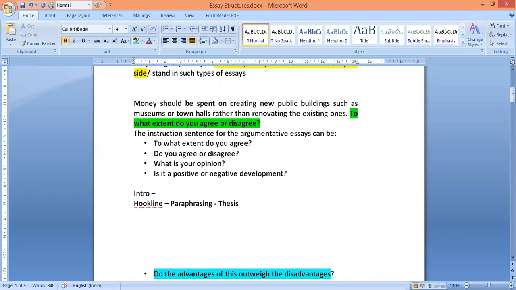Am I right? Yes. Here in the thesis, one thing is mandatory, and what is that? Your opinion. Thesis means any statement that tells the examiner what you are going to say. But now I am explaining what you need to do in the thesis in this type of essay. You have to write your opinion.